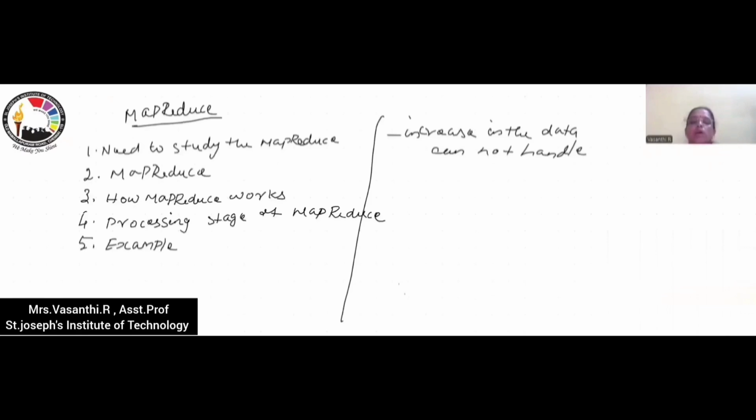Moreover, the centralized system creates too many bottleneck problems while processing the data simultaneously. What is the problem name?